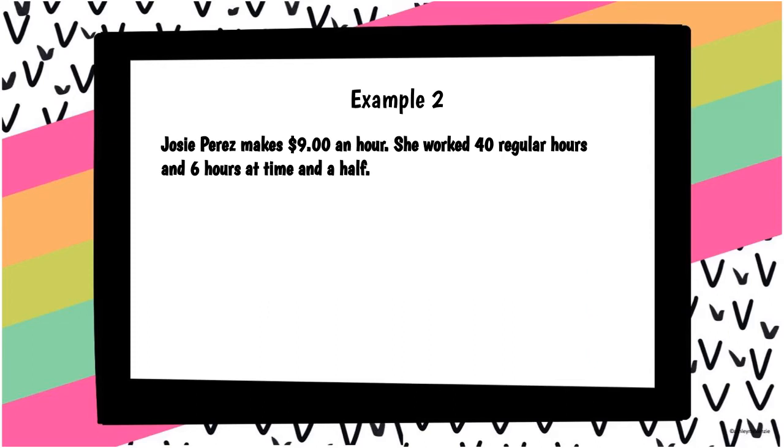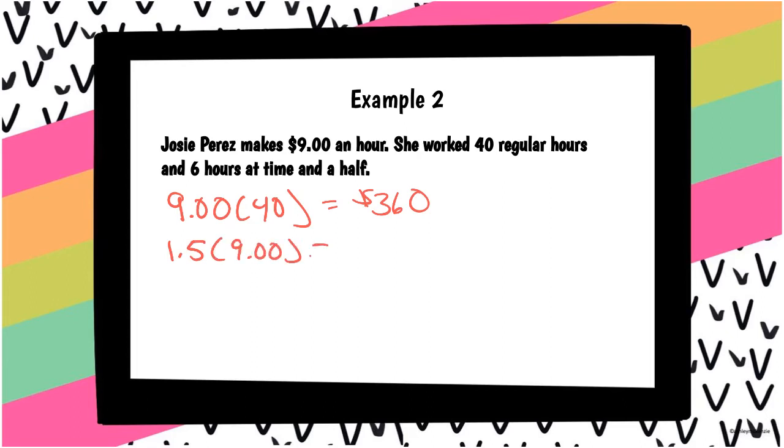All right, in example 2, Josie Perez makes $9 an hour. She worked 40 regular hours and 6 hours at time and a half, so 6 hours of overtime. We're trying to figure out how much she makes. Start with her straight time pay, $9 times 40 hours, which gives us $360. Now her overtime rate: 1.5 times $9 gives us $13.50.